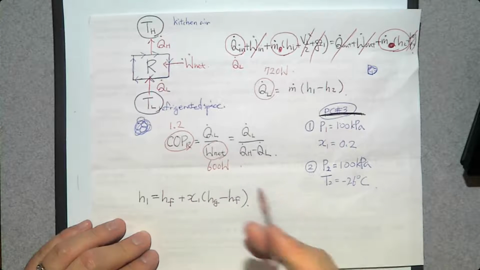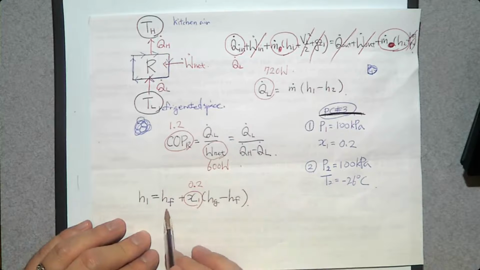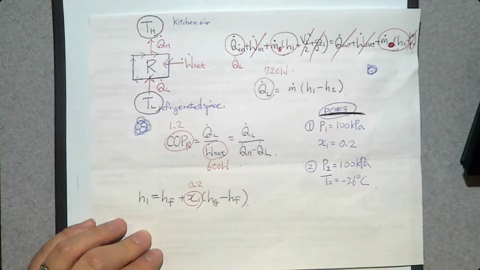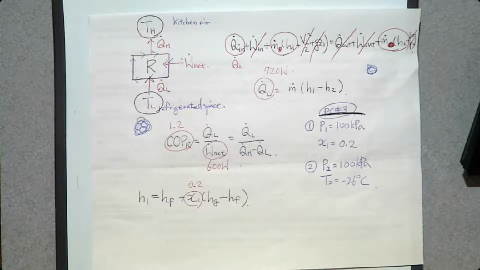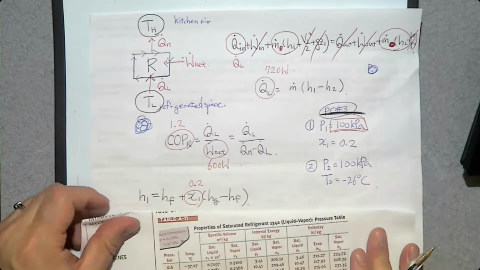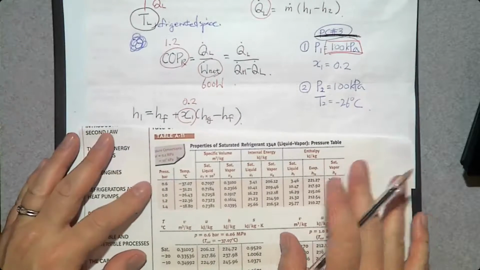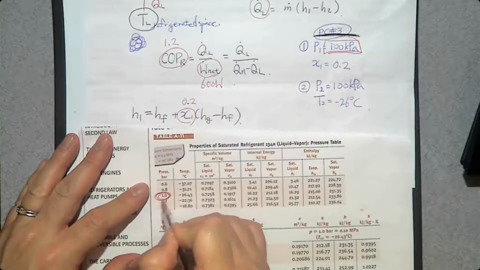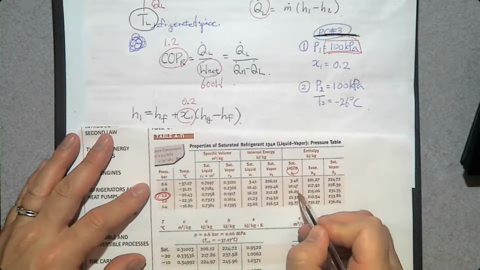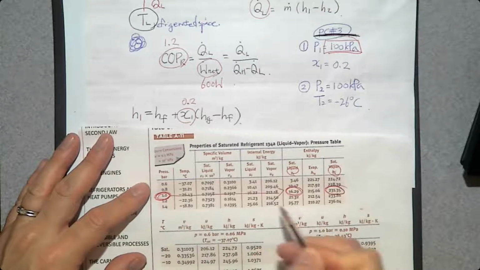The quality X is 0.2. We just need to find Hf and Hg. How can we find Hf and Hg? It's simple. We know the pressure. So Hf at 100 kilopascal, Hg at 100 kilopascal. So there is 100 kilopascal, Hf is this number, Hg is this number, right?